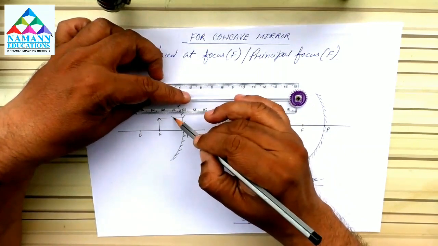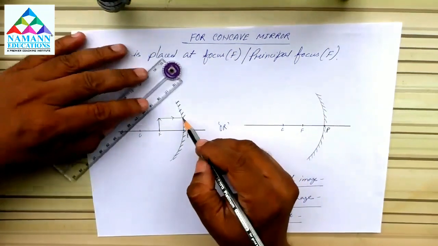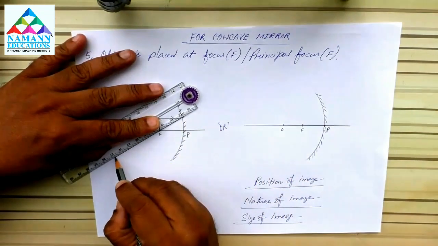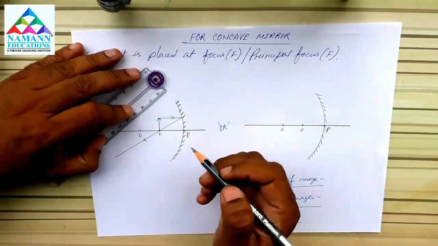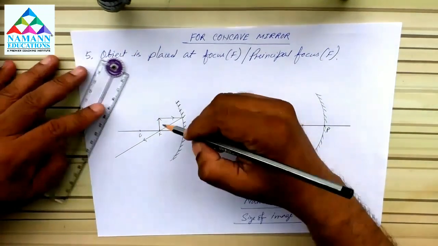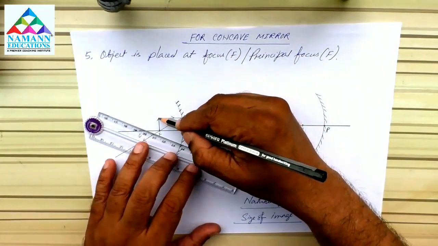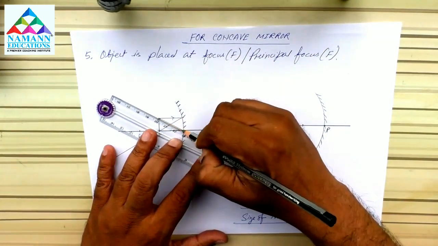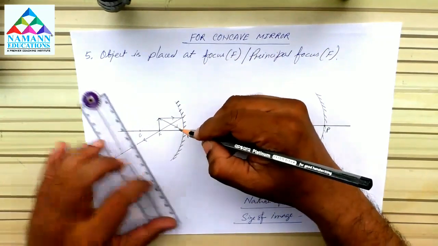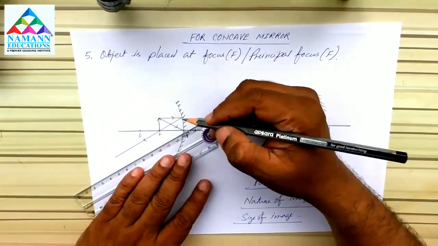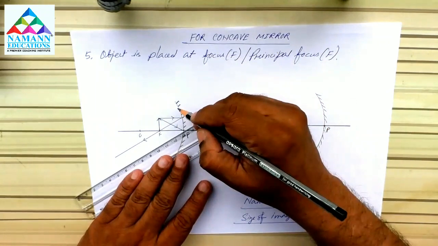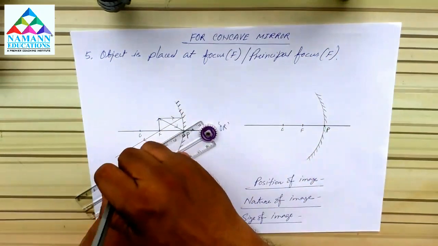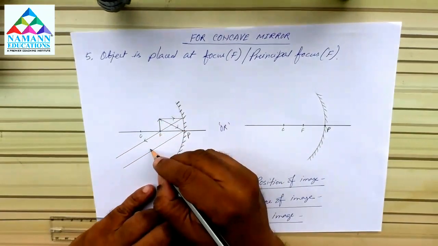If ray of light incident parallel to the principal axis, after reflection, we know that this light ray passes through focus, and we can draw another ray incident at pole, and it reflects symmetrically, and it will reflect in such a way that the reflected light ray is parallel to the previous reflected light ray.